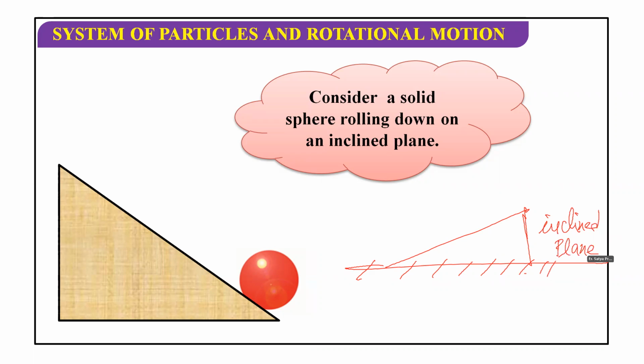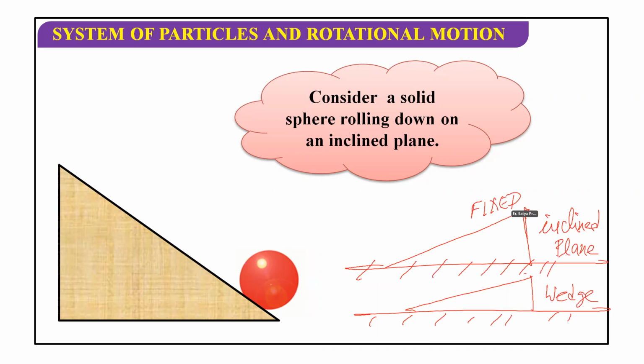What's the difference between an inclined plane and a wedge? The minute difference is this: an inclined plane is a fixed surface. A wedge can move as per the requirement of the question.